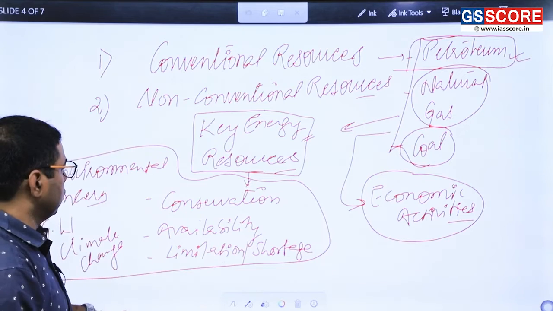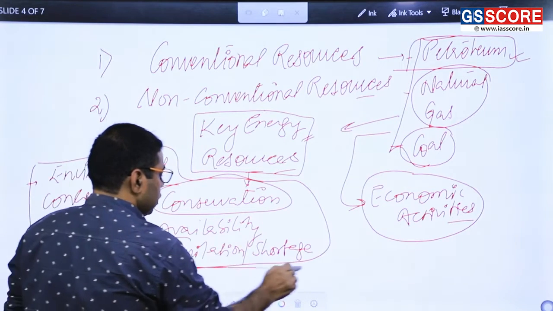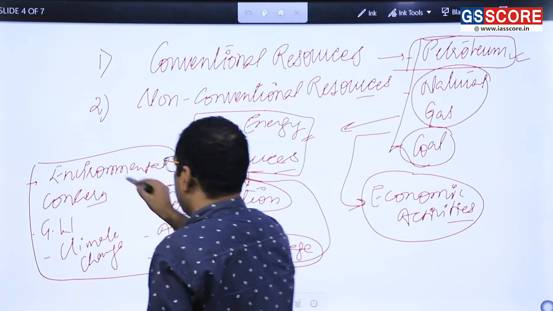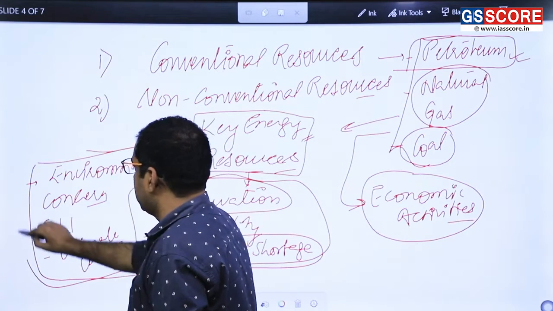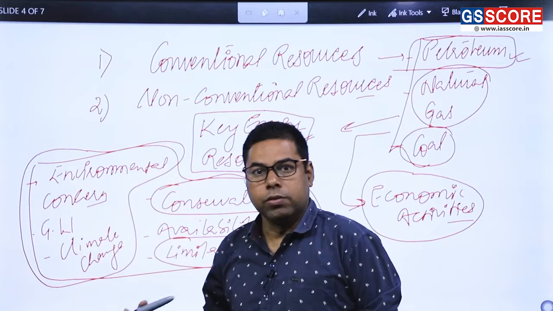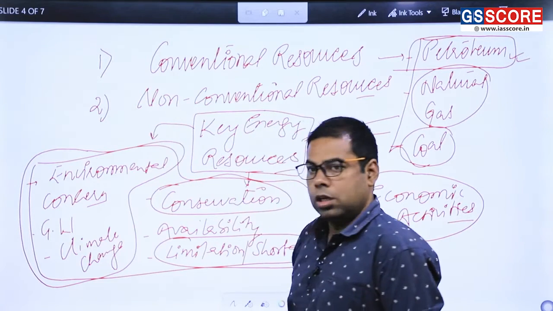So we have to focus on their conservation, we have to focus on their limitation or storage, and at the same time we have to focus on the environmental problems which have been emerging in different parts of the world because of these energy resources, right?